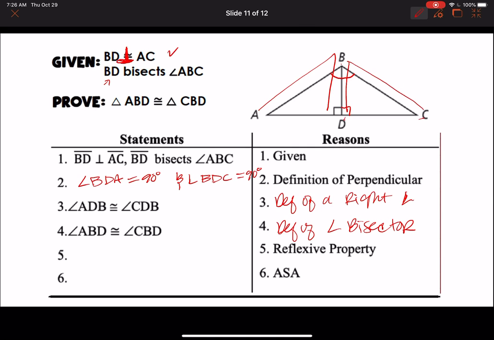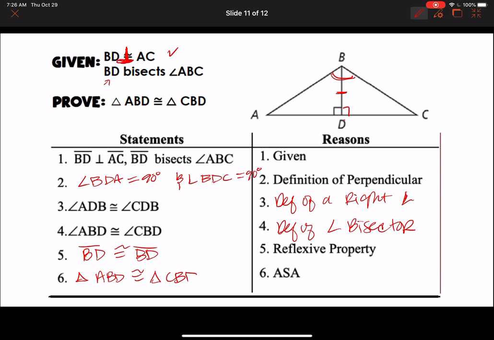Lastly, because this is the same line right here, you can say by using the reflexive property that segment BD is congruent to segment BD. And now that you've got an angle, side, angle, you can prove that triangle ABD is congruent to triangle CBD.